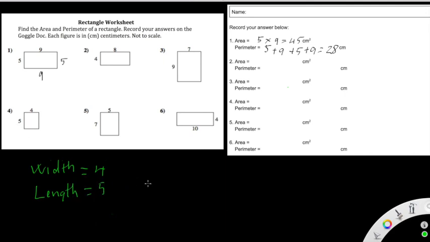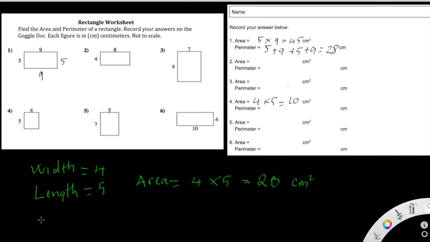Okay, so the area equals the width times the length. So 4 times 5, do it on a piece of paper, equals 20 square centimeters. Okay, I'm going to put my answer on the Google Doc. So number 4 equals 4 times 5 equals 20 square centimeters.